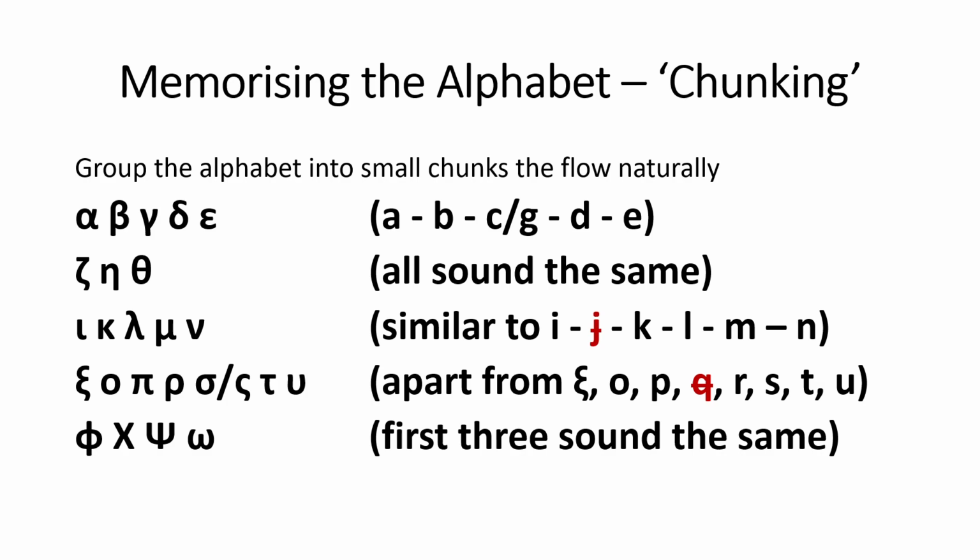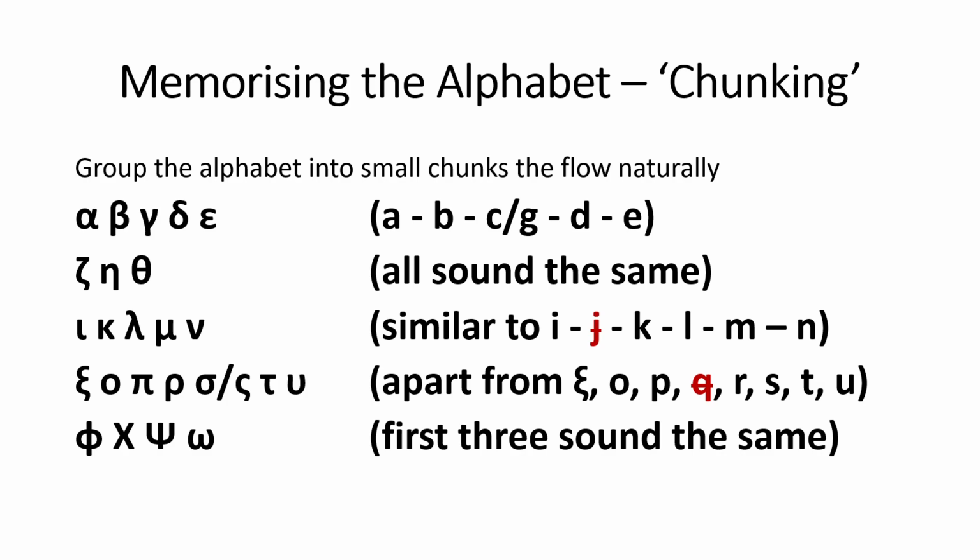That's very similar to the English A, B, C, D, E, except instead of C, we've got a G sound instead of a K sound. So alpha, beta, G instead of K, delta, epsilon. And A, B, D, and E look very similar to alpha, beta, delta, and epsilon.